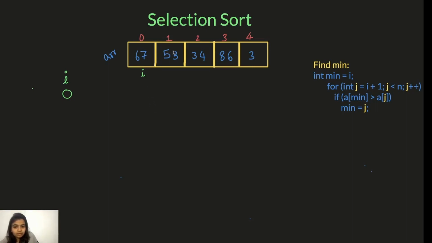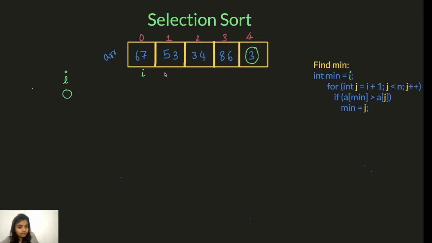Now what we do is we find the minimum element in this entire array. What's the minimum in this entire array? 3, right? So to find this minimum, we have a small piece of code, that is this one. In this, we're assuming that our minimum element is 67, which is the ith element, just assume it.